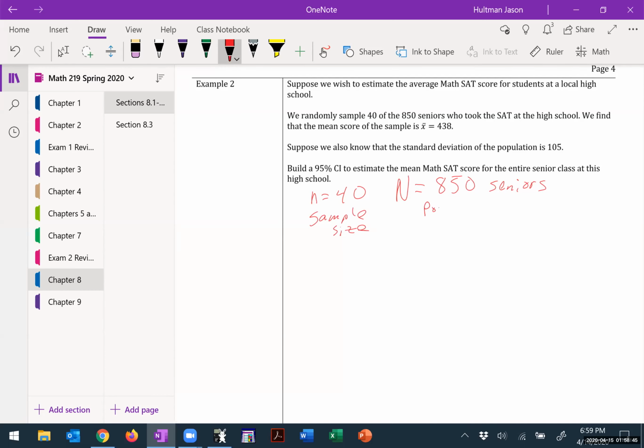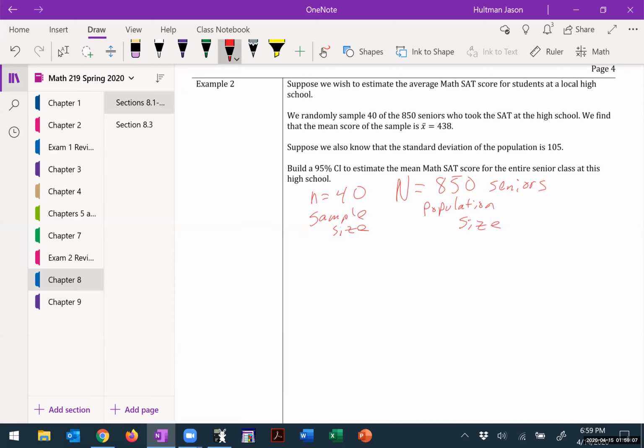This is my population size. So 40 is the sample size and 850 is the population size. We find that the mean score of the sample is 438.